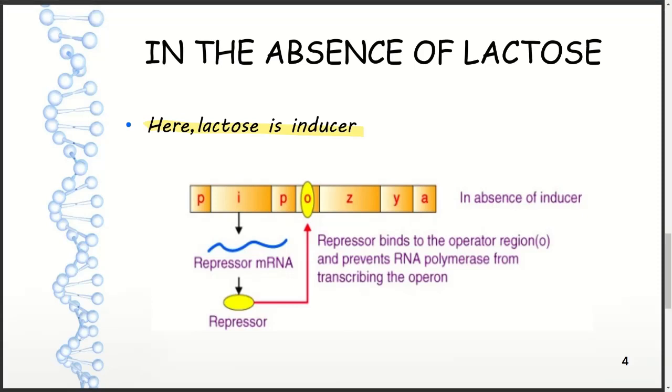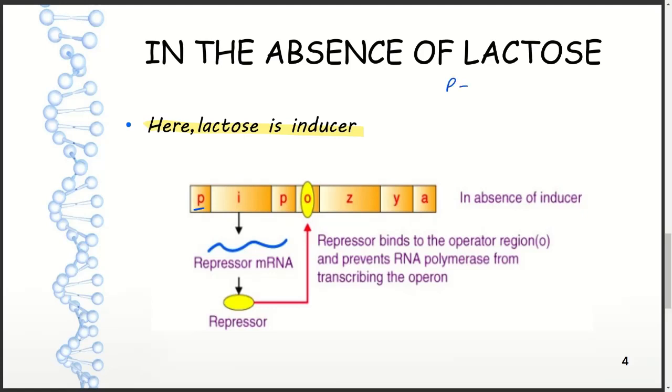First of all, let me explain the structure which you can see here in the video. This is the structure of our lac operon. First of all, here it is written P. So what is P here?